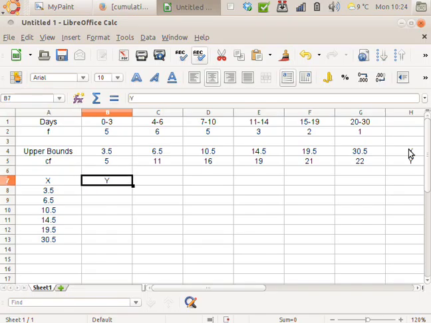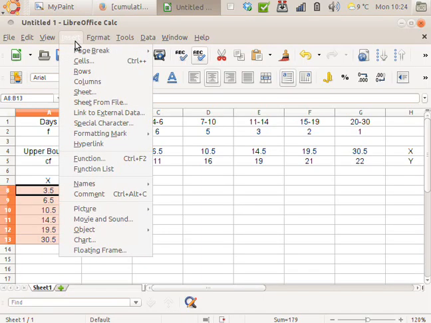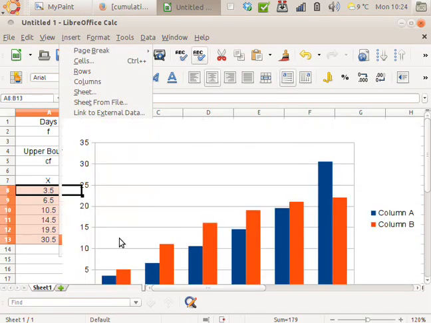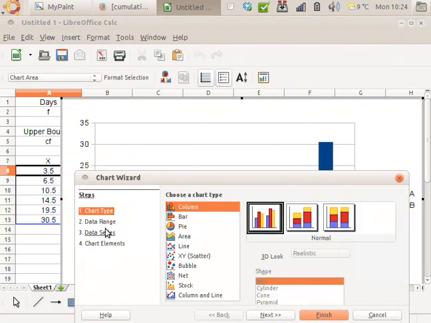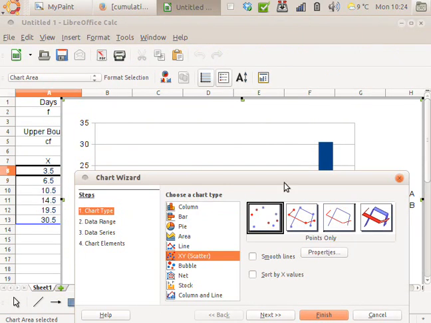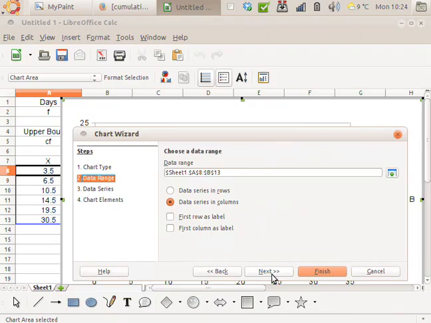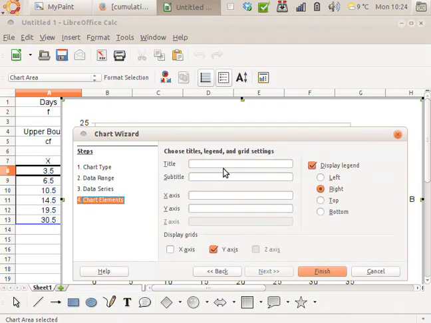So 5, 11, 16, 19, 21, 22. Okay, scatter, points, next. So this is called a cumulative frequency, I'll just write CF for short, polygon.